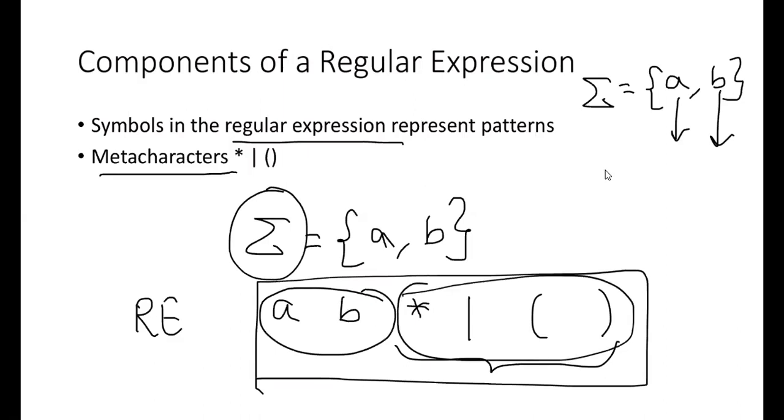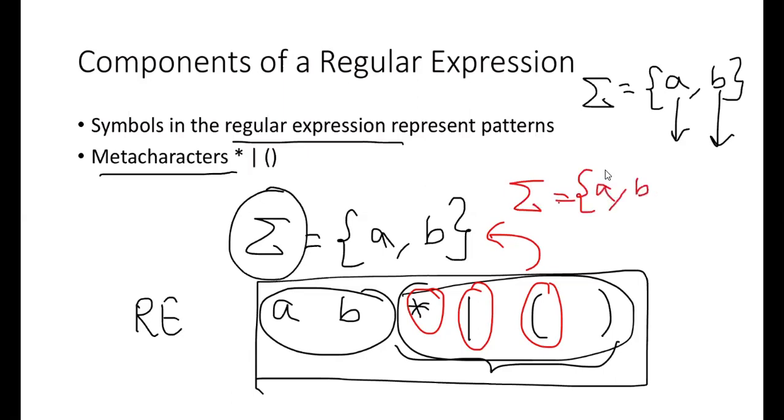Now you might be wondering about these meta characters, like this star, this pipe, these parentheses. They may also be a part of the alphabet. I may have a language that consists of A, B, and say star.